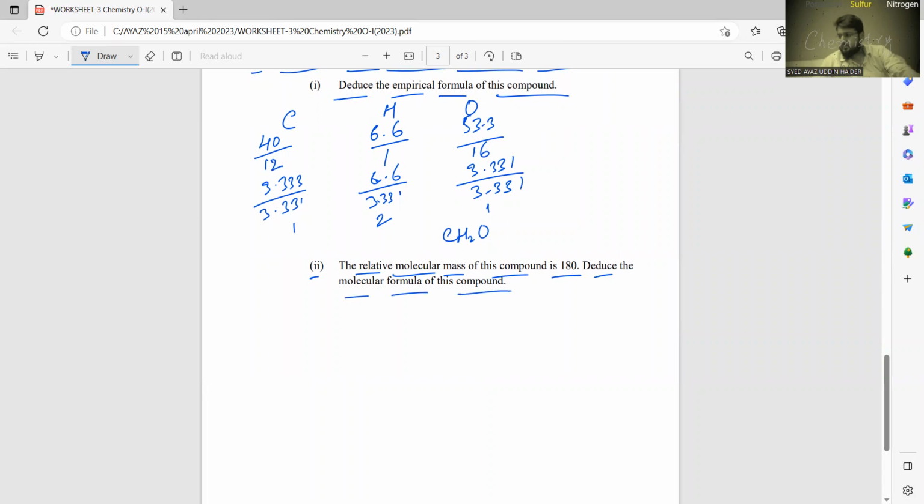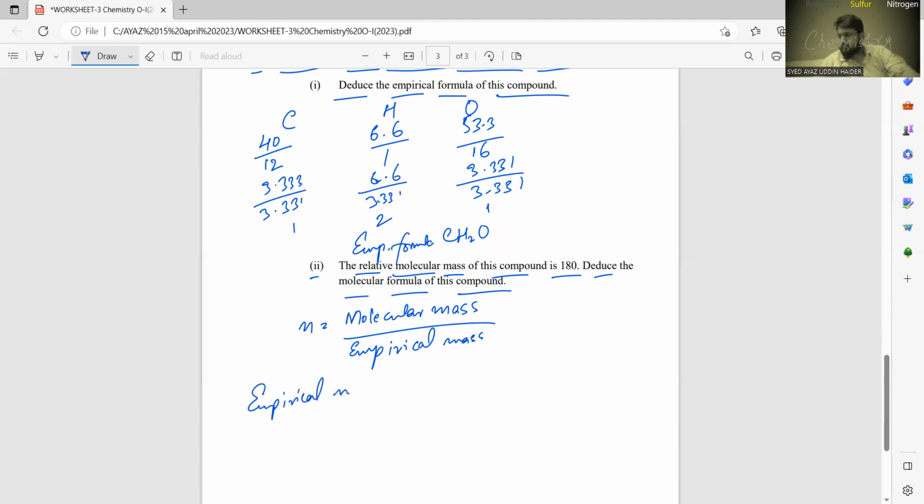You need to calculate the value of N, which is equal to molecular mass divided by empirical mass. The empirical formula is provided to you. This is the empirical formula. So the mass of CH2O will be the empirical mass.